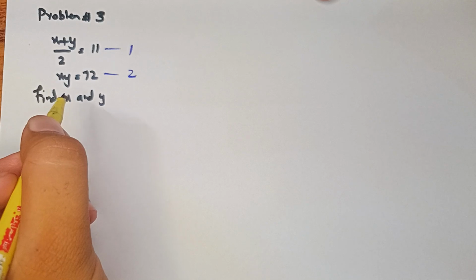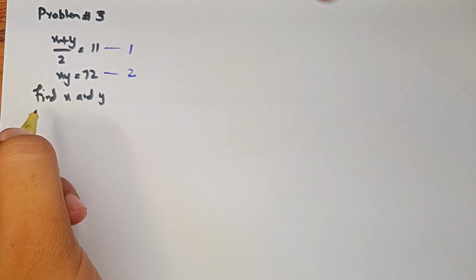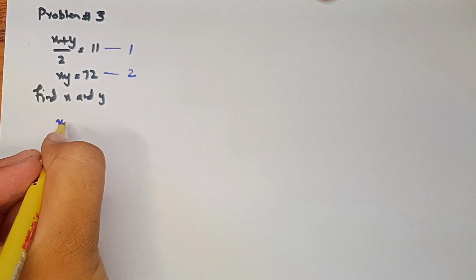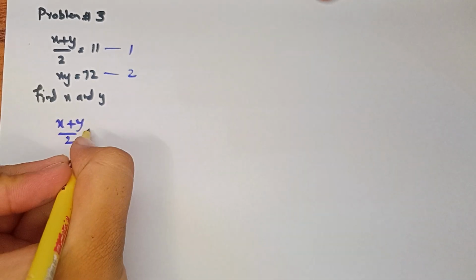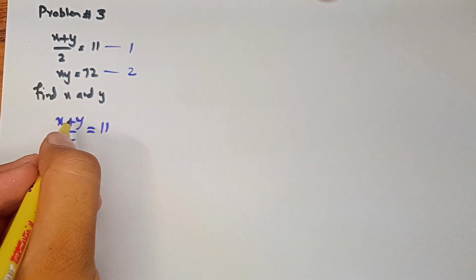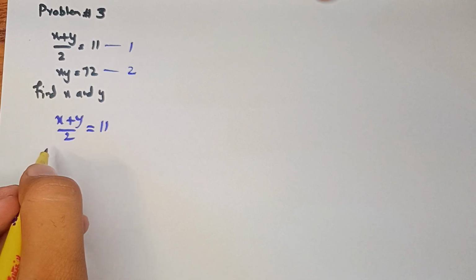As in our previous question, we have to find one variable. From the equation (x plus y) divided by 2 is equal to 11, we find one variable, for example the value of x.